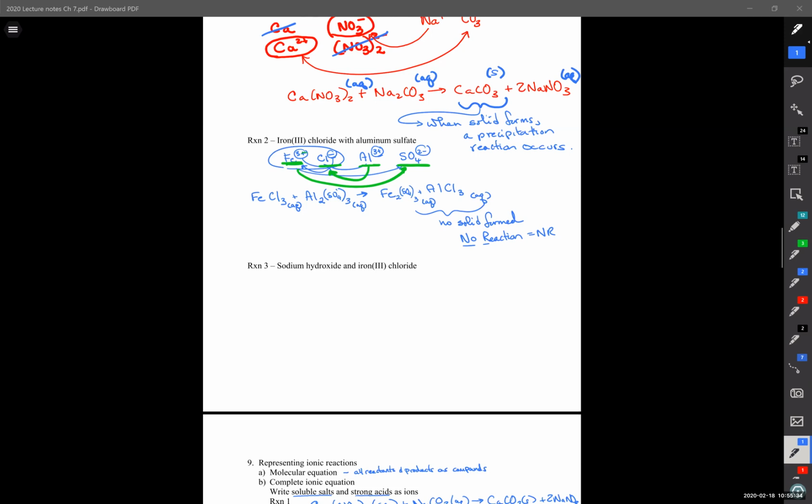Then you have iron with the other anion, iron with hydroxide. You got 3 with this. And then sodium chloride. Because there's one that's positive, one that's negative. So they're ordered in that way.